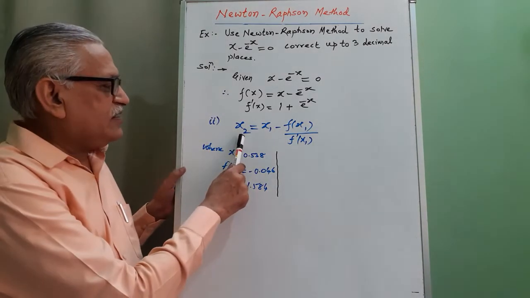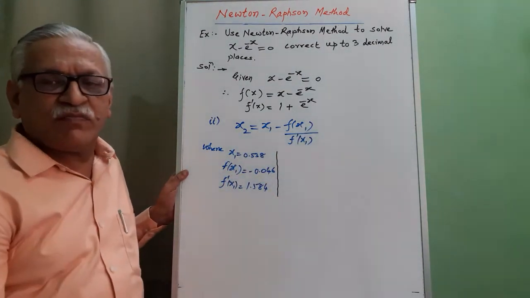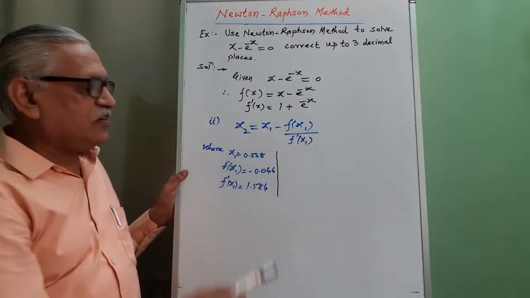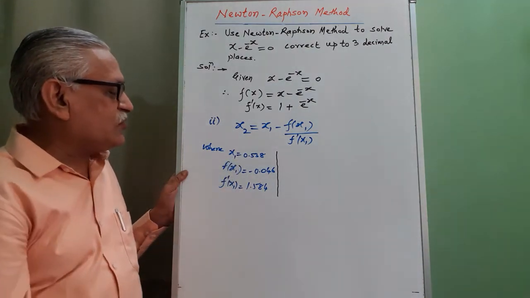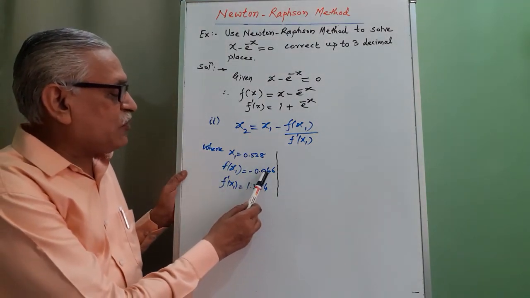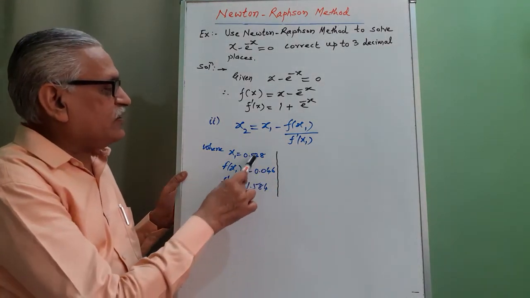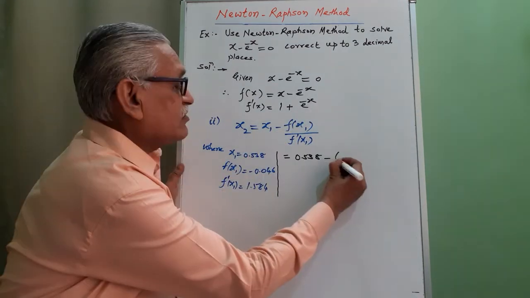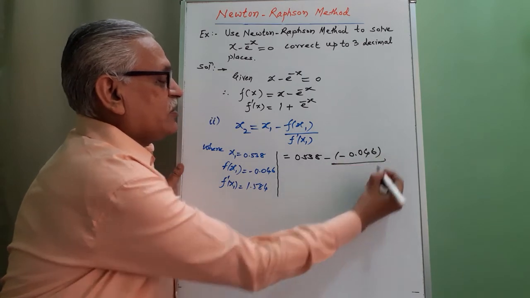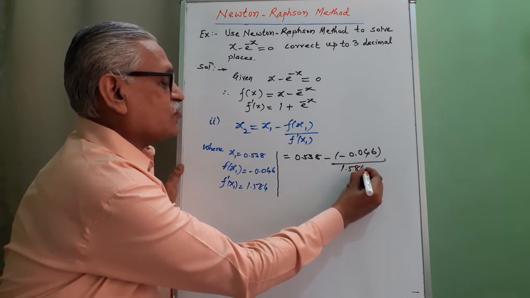In iteration number 2, by the Newton-Raphson formula we have x2 is equal to x1 minus f of x1 by f dash of x1, where the corresponding values are: the previous approximation for the root x1 is 0.538, f of x1 is minus 0.046, and f dash of x1, substituting this value of x1 here, we get 1 plus e raised to minus 0.046, which is 1.584.